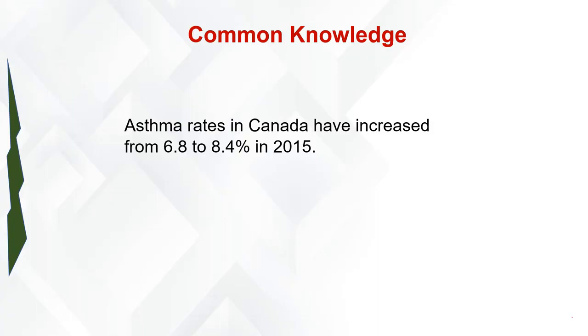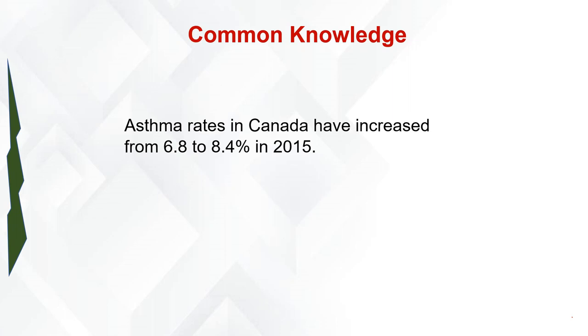Here, how to identify common knowledge is not an easy job. That is where you have to be a little bit cautious when you are deciding whether it is common knowledge or not. Here, this sentence has a few facts. Asthma is the reason, Canada is the place, 6.8 to 8.4 is the number, and time.